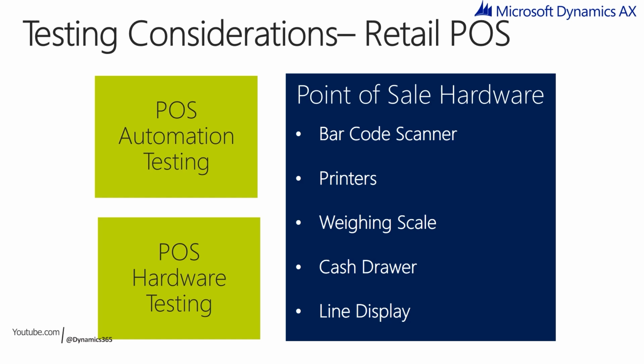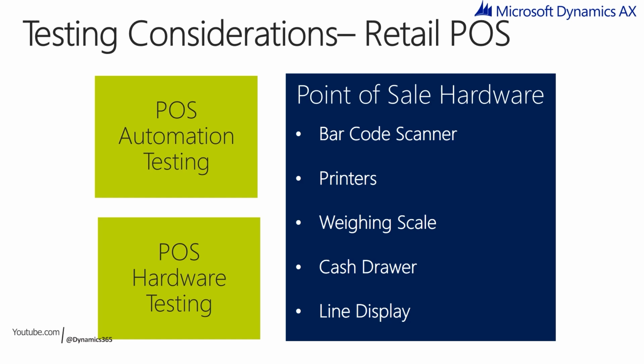In printer testing with a retail POS, for a sale or return transaction, verify if the invoice or the credit memo can be printed on the printer with the correct data and as per the paper format specified.